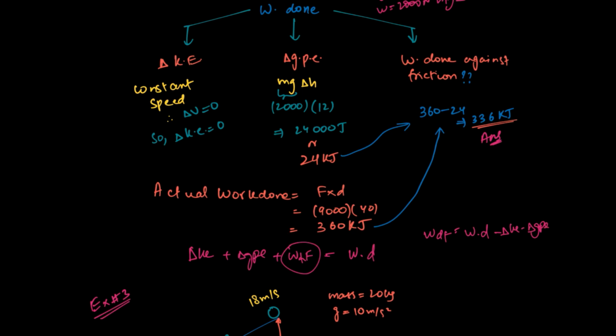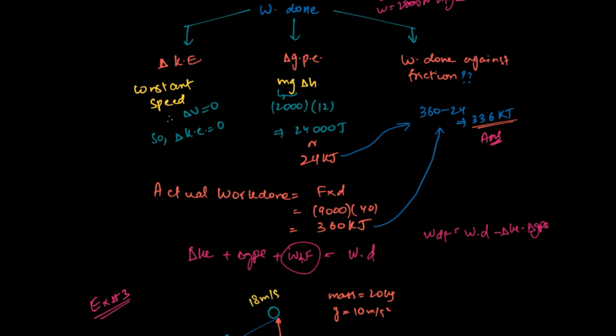So 360, the total work done, minus delta KE, which is 0, so we can ignore it, minus the delta GPE, that was 24 kilojoules, gives the work done against friction, and that would be 336 kilojoules.